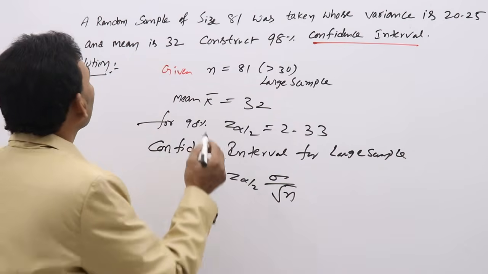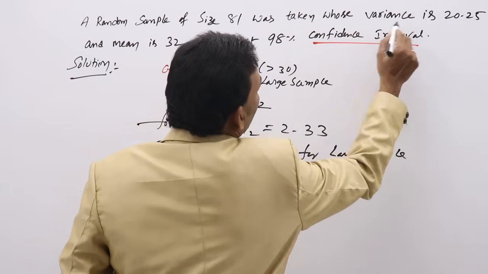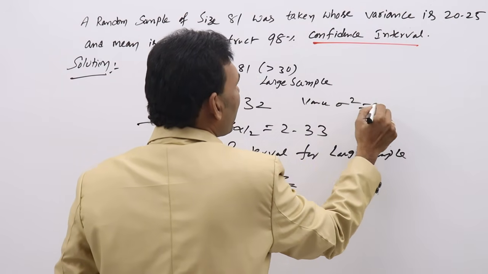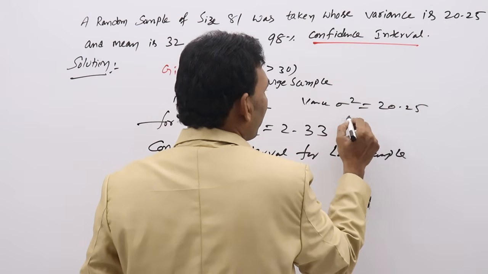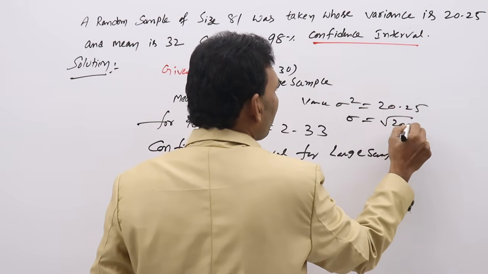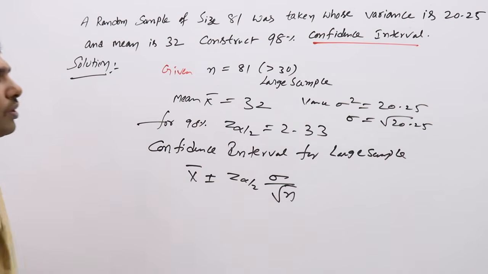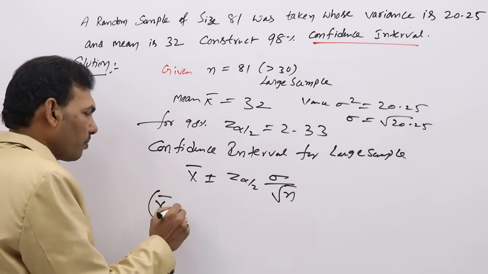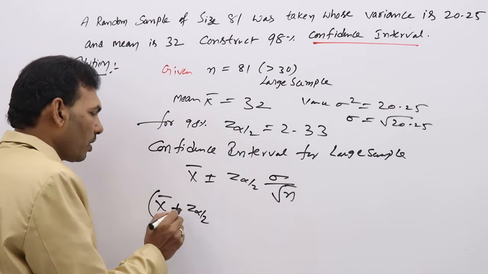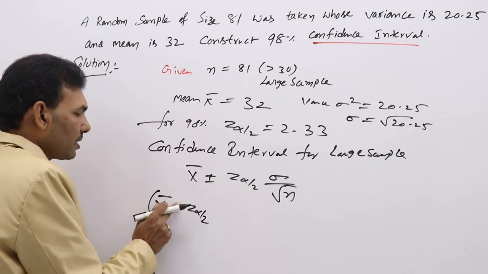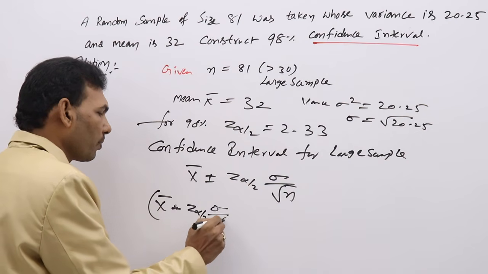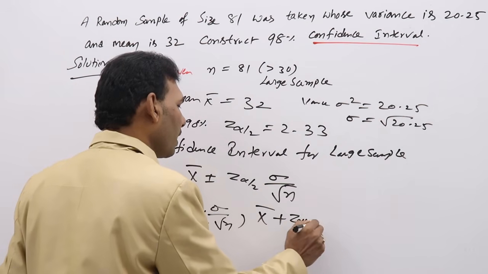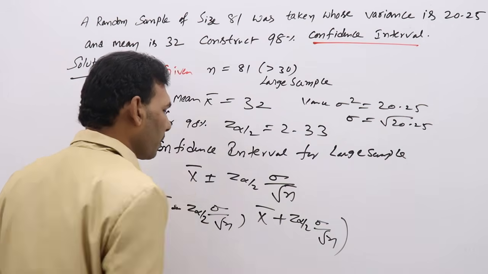Sigma is also given: variance is given, sigma square is 20.25, so we write root 20.25. So the confidence interval is x bar minus Z alpha by 2 into sigma by root n, comma, x bar plus Z alpha by 2 into sigma by root n.